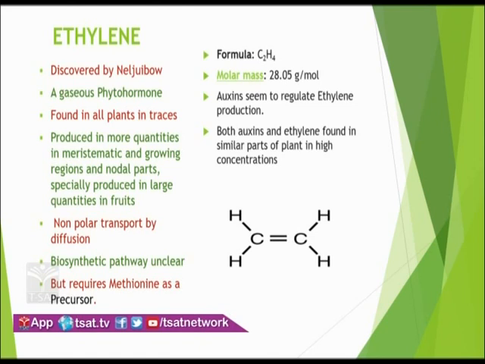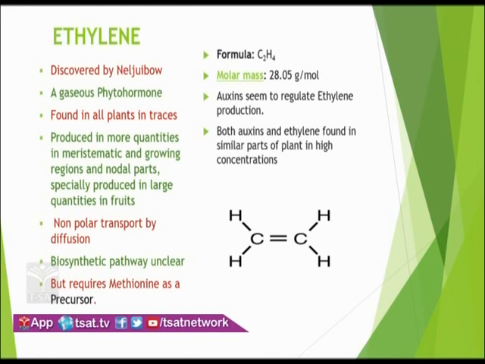It is more characteristically seen in fruits, because the ripening of the fruit and its further separation is possible because of the ethylene there. Usually ethylene is found in more concentration in meristematic regions, nodal parts and fruit regions.